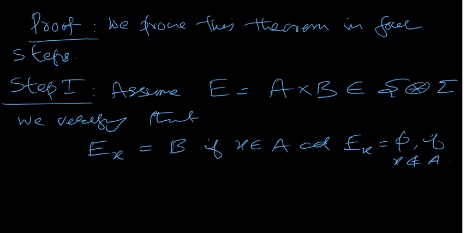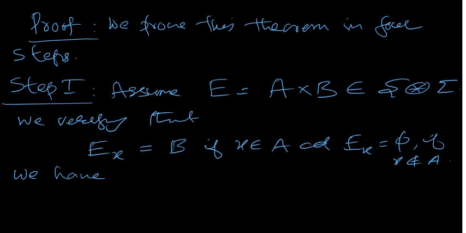So how do we do this? What's the definition of E x? Suppose x is in A, we need to show that E x is equal to B. What's E? E is A cross B, and E x is the x section of A cross B. It's obviously B in that case.